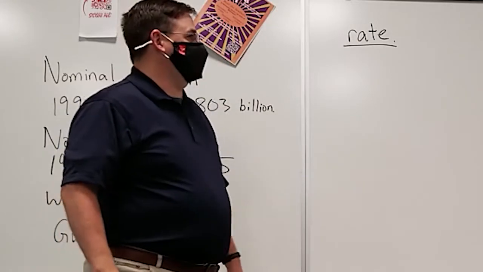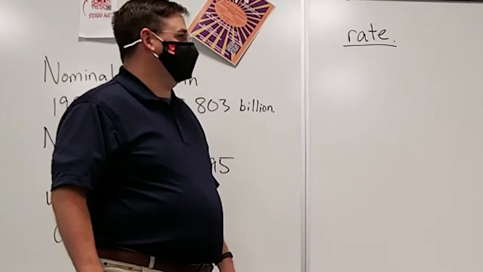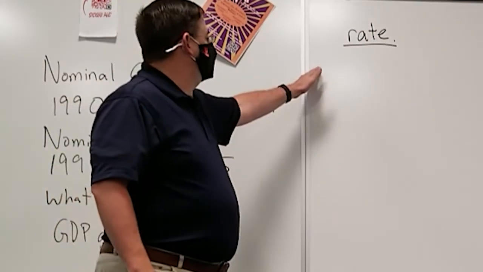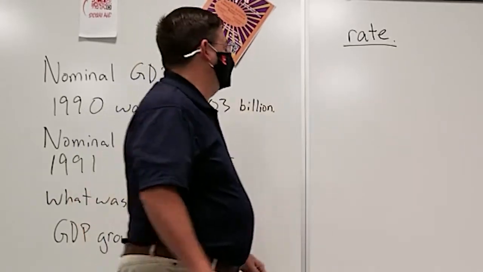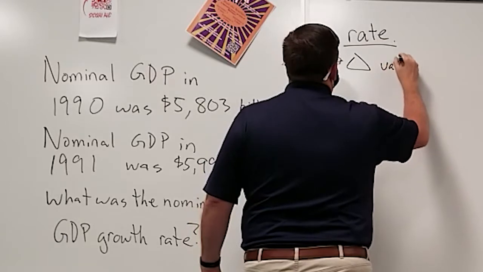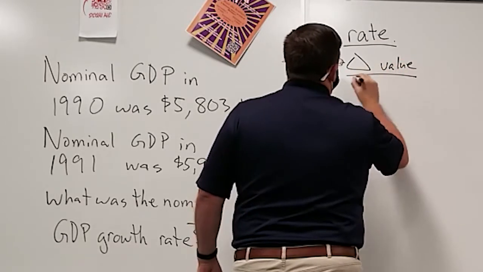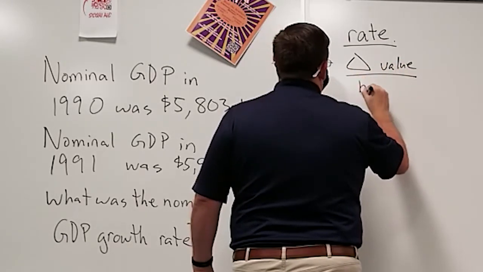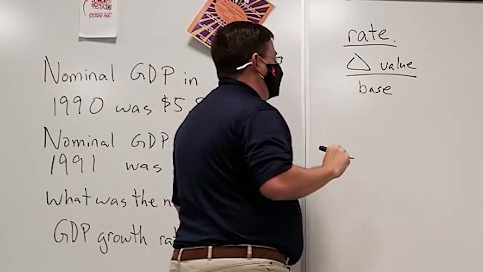Whenever we are trying to calculate a rate, a growth rate, or a change in things, what we're looking for is the change in the value divided by the base for that value.